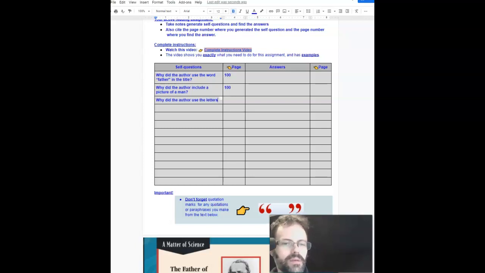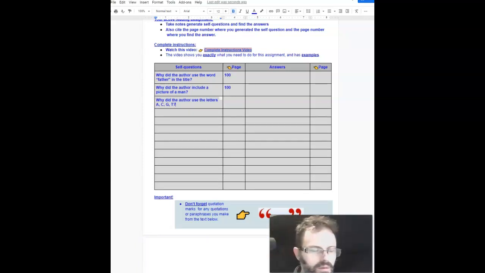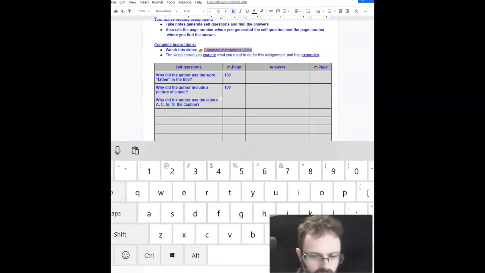Question mark. All right, and that was page 102. Oh, one more thing. Don't forget to include the words in the caption or in the head or in the title or in the diagram. Let's use those words. So here we go, in the caption. All right, so there we go. There's an example for you, and that was page 102.